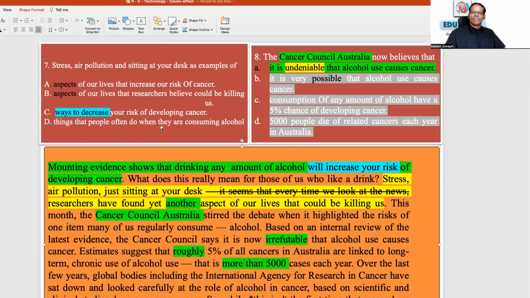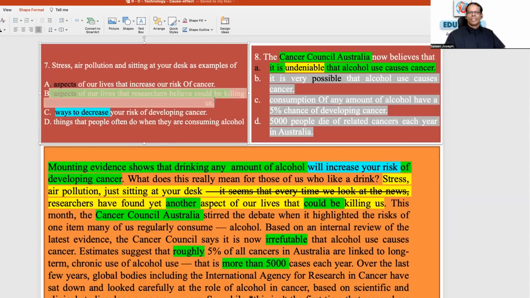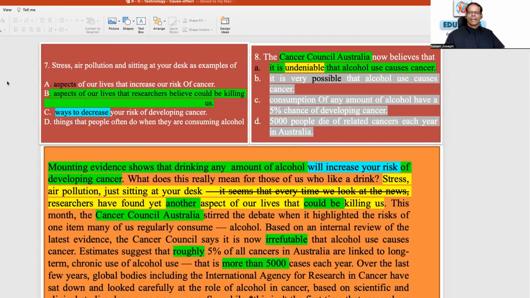B. Yeah, B. Aspects of our lives that researchers believe could be killing us. Yes. See here, could be, modal verb that leads you to confirm the answer. Could be is the modal verb, right? Okay. Then you have another, which is a transition signal, or you can also call it a signpost.